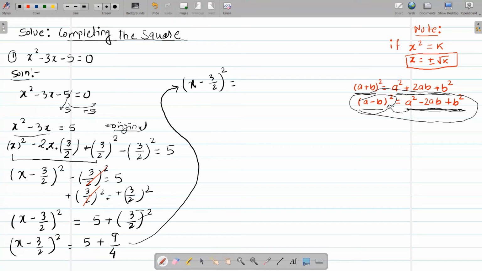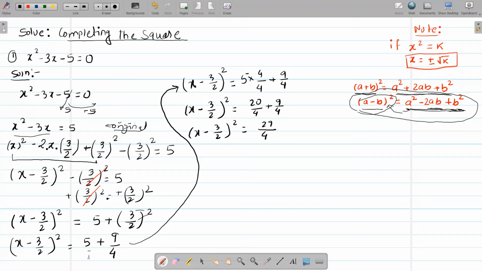We have 4 in the denominator, we have 1 as a denominator, so we make the denominator the same by multiplying the 5 in both numerator and denominator by 4, plus 9 over 4. So we get 5 times 4 is 20, 20 over 4 plus 9 over 4. Now we have (x minus 3 over 2) all to the square is equal to 20 plus 9 is 29 over 4.